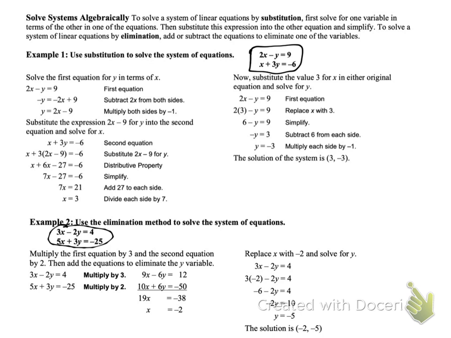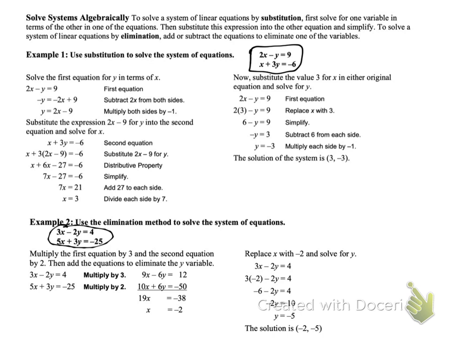Here, we could eliminate the x's, but it would take a couple more steps. It'll be easier to eliminate the y's by multiplying the first equation by 3 and the second equation by 2. I'll distribute that 3.